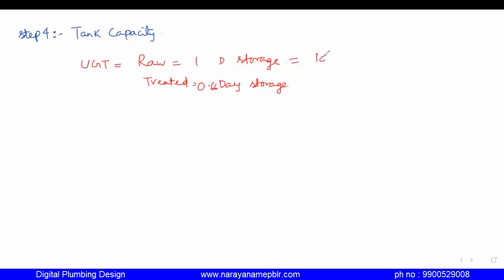We got 104 cubic meter. So 0.66 multiplied by 104, I'm getting 68 point something. So I'll take 69 or 70, 70 cubic meter.